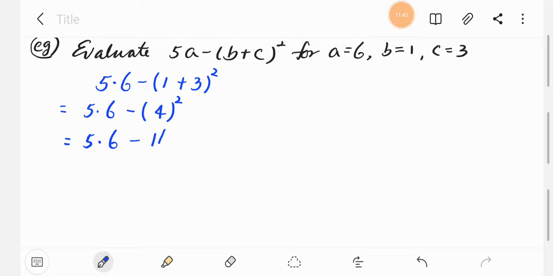And then this expression has multiplication and subtraction. So multiply first, right? So that is 30 minus 16. And then subtraction, so that will be 14. The answer will be 14. So this is how we evaluate. Replace variables with their values, then use PEMDAS, the order of operations, and then simplify the expression.